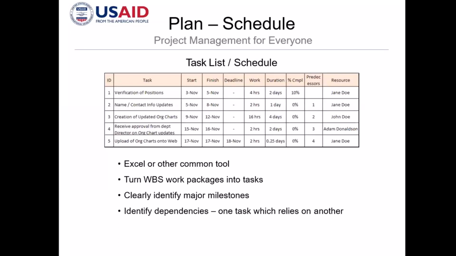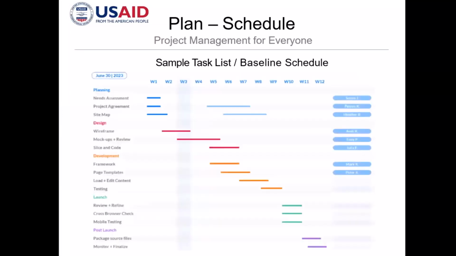So this is what we call the work breakdown structure work packages. So once you're done with adding all of your work breakdown structure or tasks, then you can come up with a schedule.